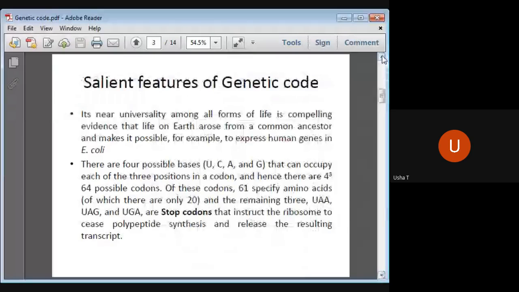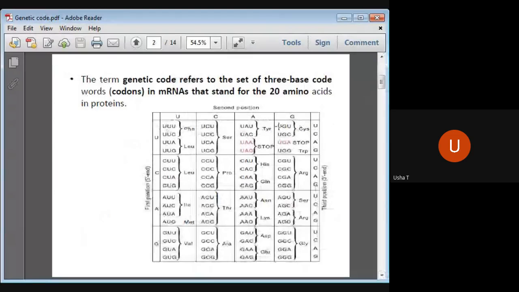Now, before going into the salient features of the genetic code, how can you write this genetic code easily? Let's write the four bases, that is U, C, A, and G, on your left-hand side, and U, C, A, G in the rows, in columns and in rows.